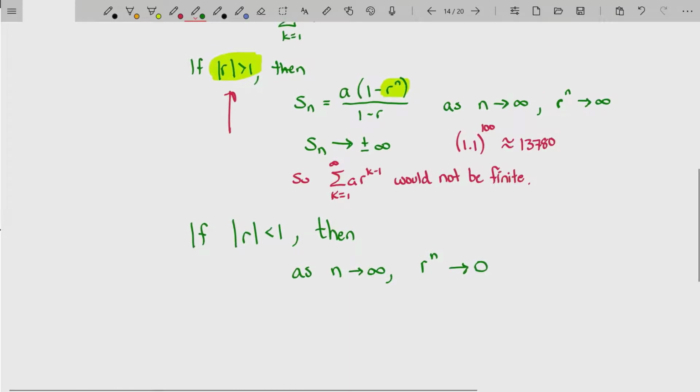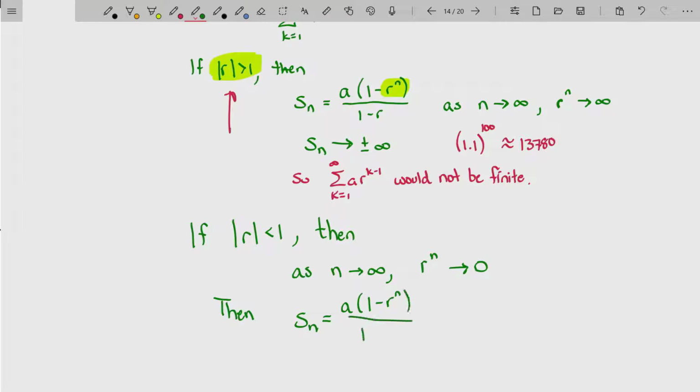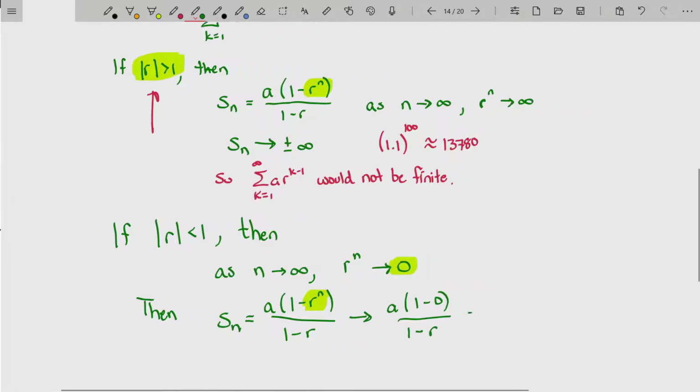Now remember, our nth summation, which is equal to a times 1 minus r to the nth over 1 minus r, as n goes to infinity, r to the nth is tending to 0, and so this tends to a times 1 minus 0 over 1 minus r, or in other words, a over 1 minus r.